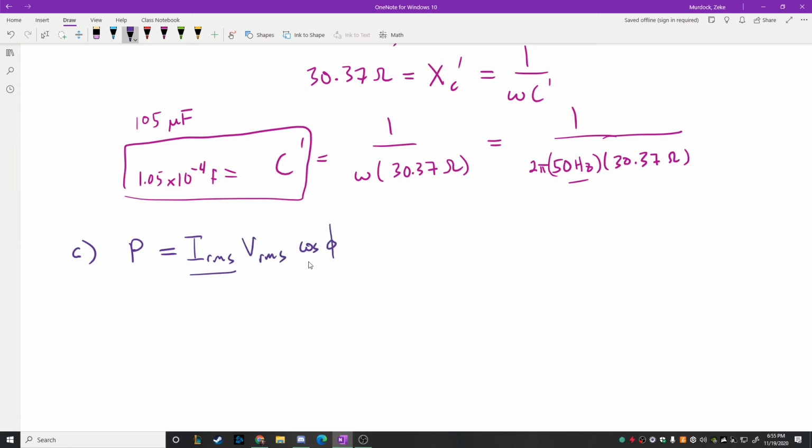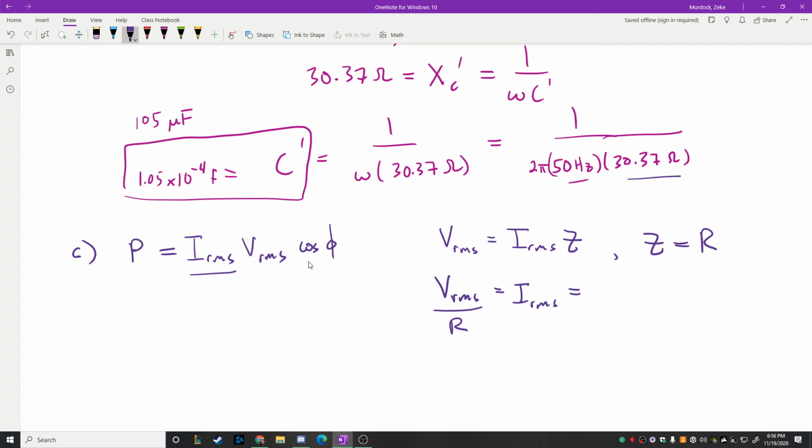To find IRMS, we'll use the fact that VRMS is equal to IRMS times Z. But if cosine phi is equal to 1, as we said above, Z is equal to R. So VRMS divided by R is going to equal IRMS.